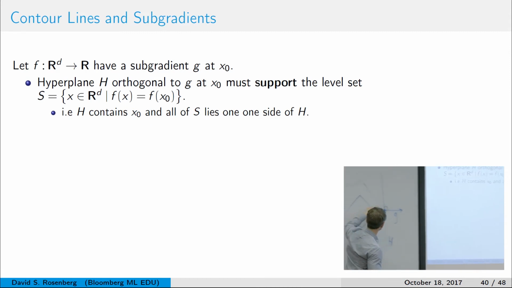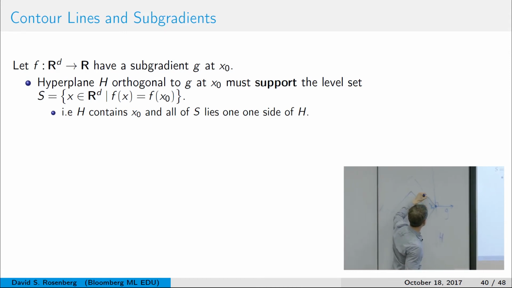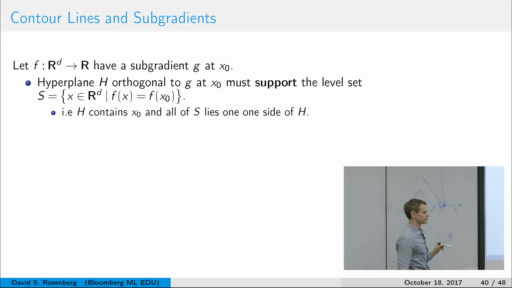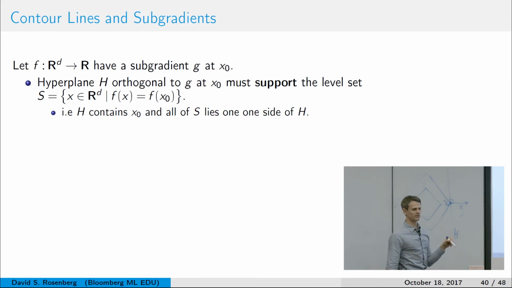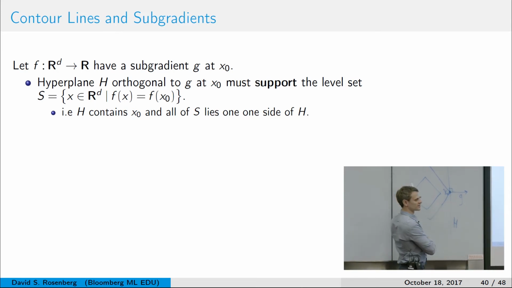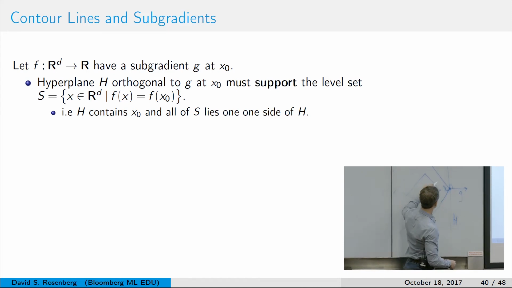So the level set is the set of all x's that have the same function value as f of x0. And what does support mean? A hyperplane supports a set if it intersects the set and the entire set lives on one side of the plane. So this whole contour line lies on h or to one side of h.